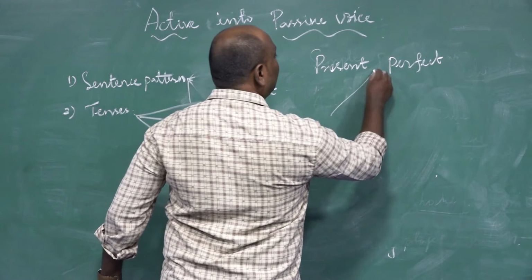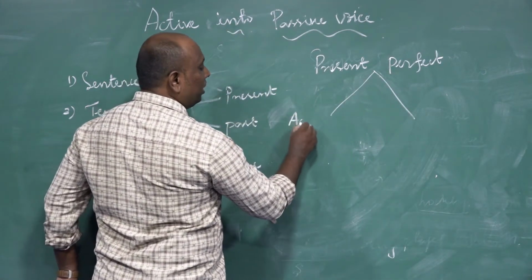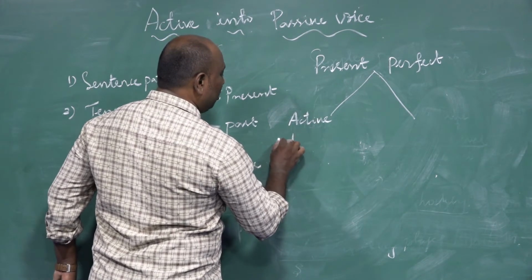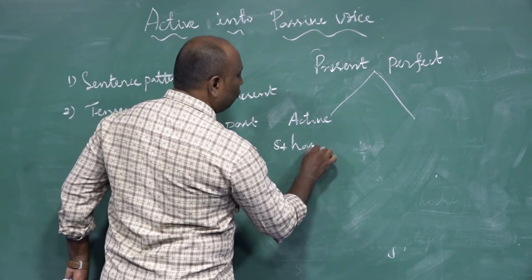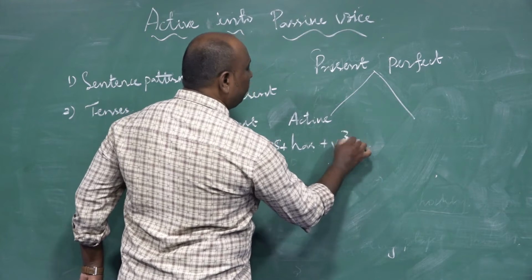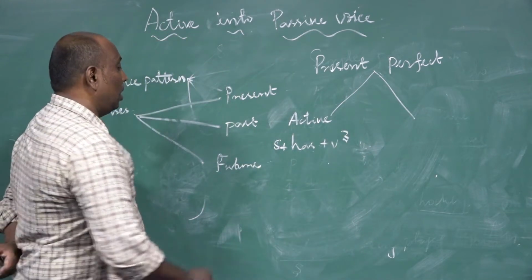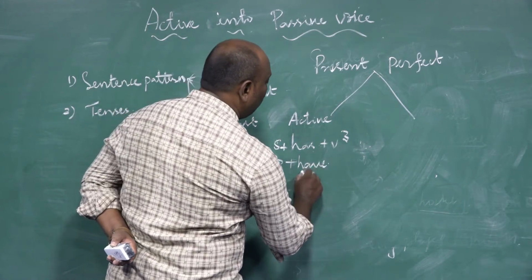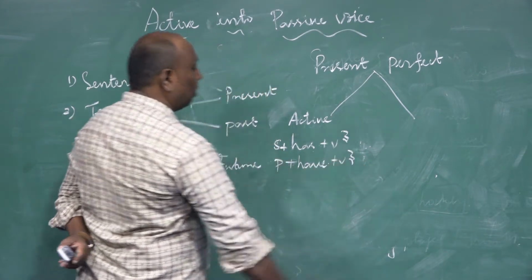For writing the present perfect, active voice, for a singular subject, you have to use has, and the verb should be used in the third form. For plural, you have to have the auxiliary have and the verb third form.